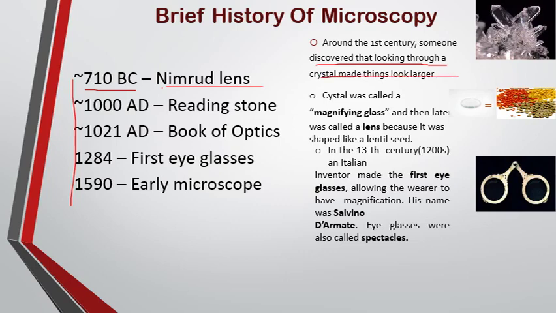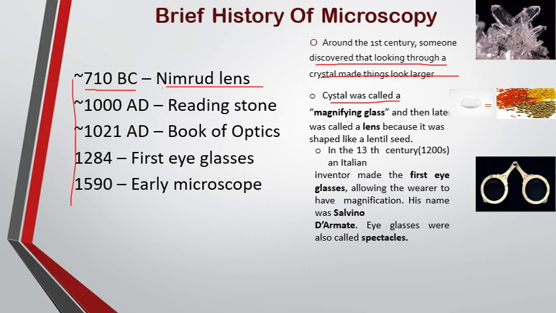So initially the crystal was called a magnifying glass, and later on, due to its similar shape with the lentil seed, it was called a lens.